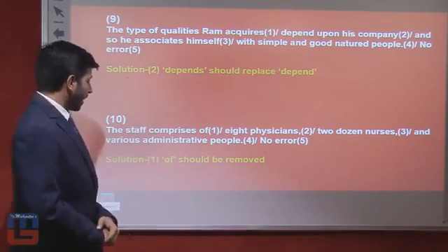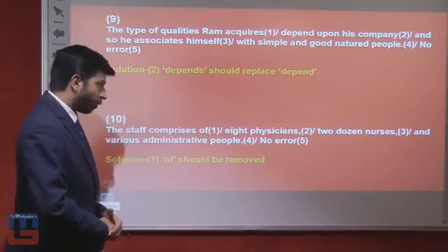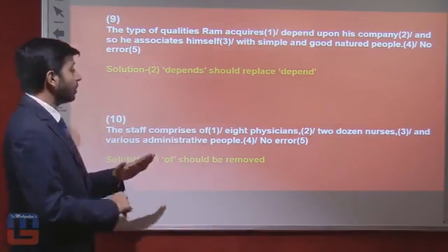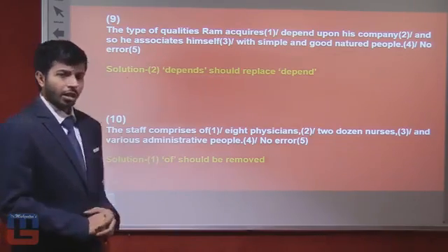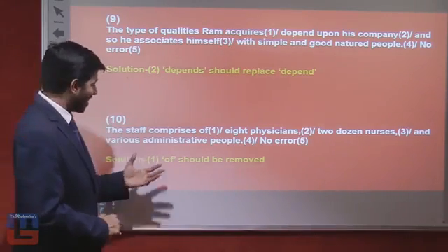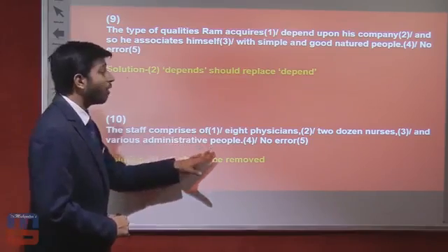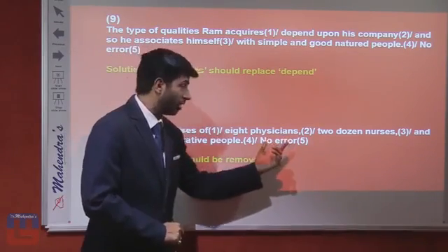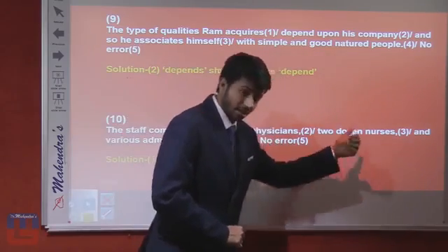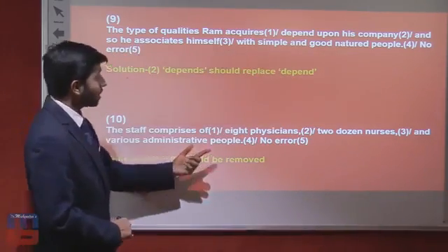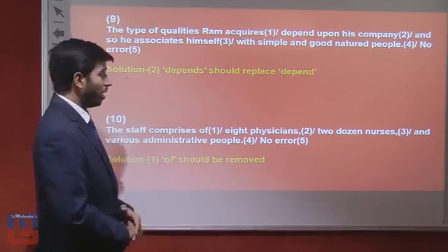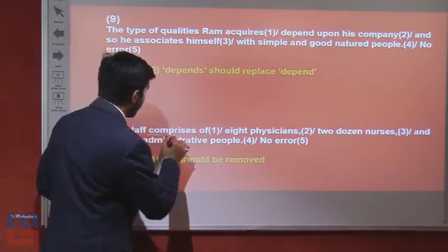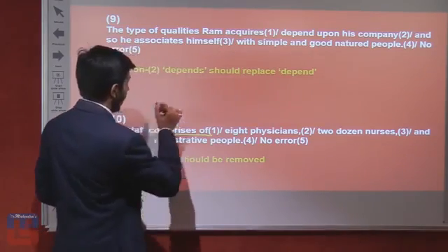Next, in statement number 10, the staff comprises of 8 physicians, 2 dozen nurses, and various administrative people. No error. A very simple statement is given. The staff comprises of 8 physicians. The 8 is given, so physicians plural. 2 dozen nurses. No error. And various administrative people. No error. So where is the error? The staff comprises of is given.